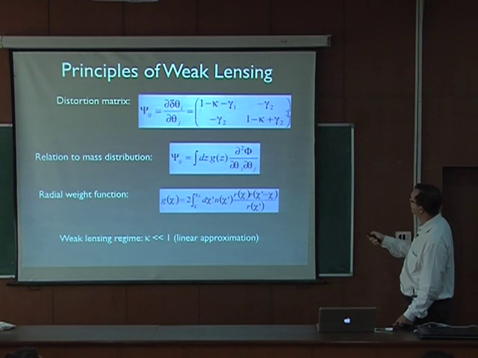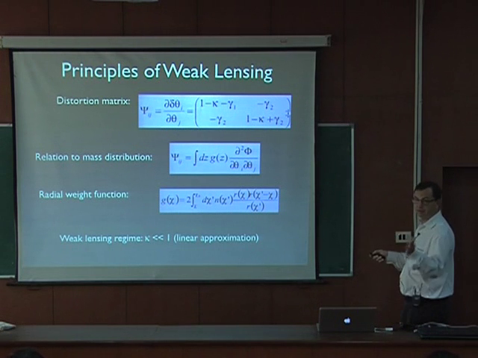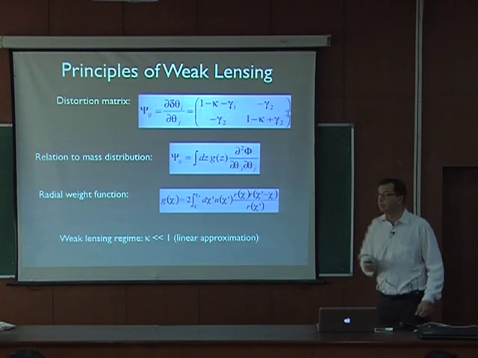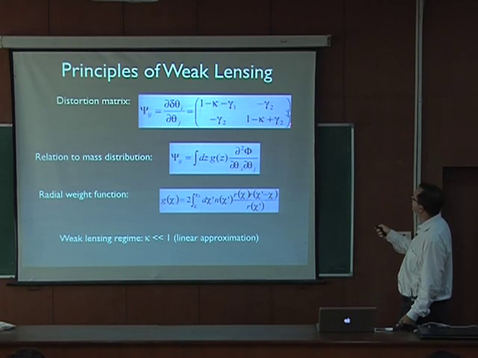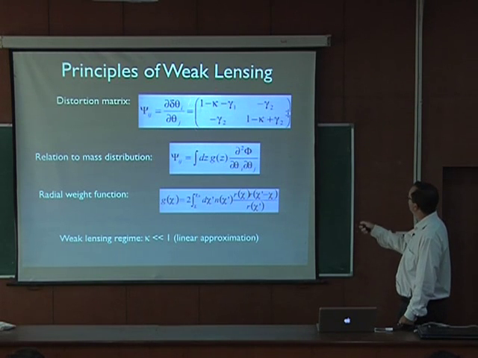So the weak lensing is characterized by this distortion matrix that we looked at before. It's a 2x2 matrix, which can be parameterized as an identity matrix plus a trace part, which we call the convergence, and the trace-free part, which is characterized by this gamma 1 and gamma 2, which are the shears.